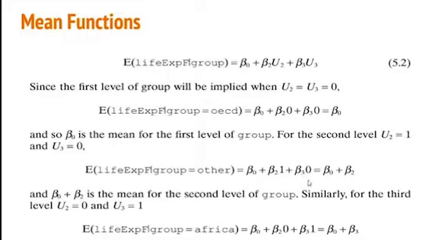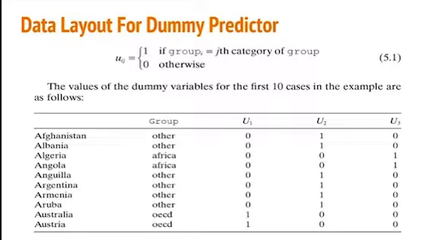Now, let's look at the data frame. This is the data frame. I told you, we got different countries coming from regions of the world. And in the group, we got 3 levels: OECD, others, and Africa.